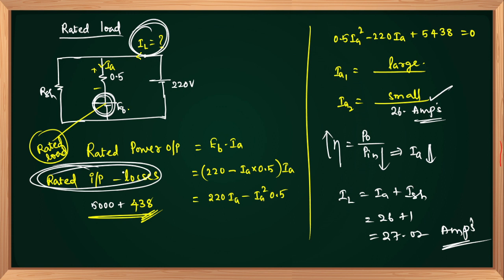Once again I'm repeating, the power developed at the armature must be equated with this term, 5000 plus the core and rotational losses. Then it is matching. Otherwise it leads to conflict.